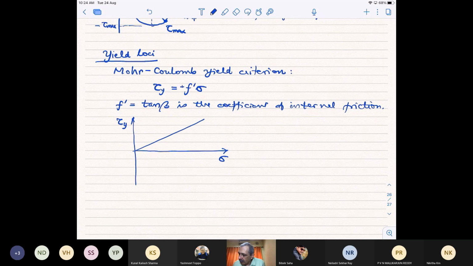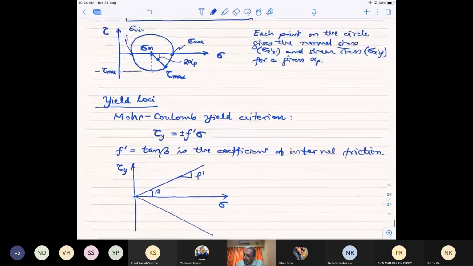And here I can put it as plus and minus, because it's just the magnitude that matters. So over here also I have this. We have called this tan of beta, so that means this angle could be written as beta, and this slope is just f prime. So this is a straight line of the yield stress versus sigma.